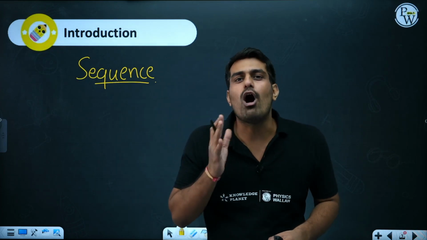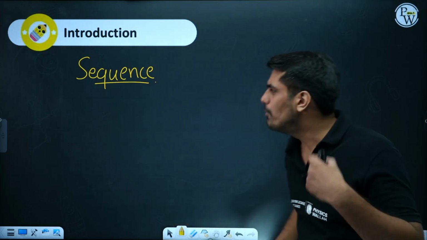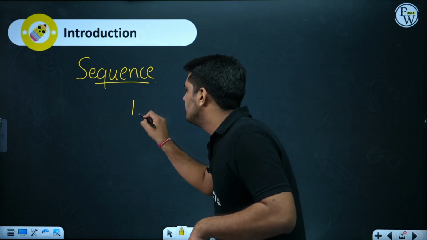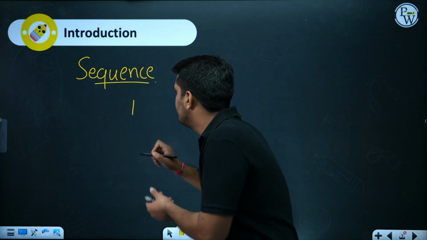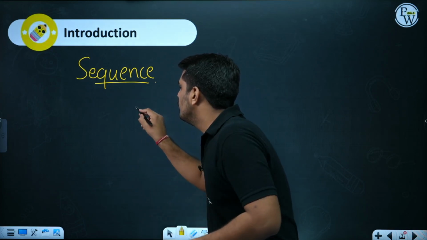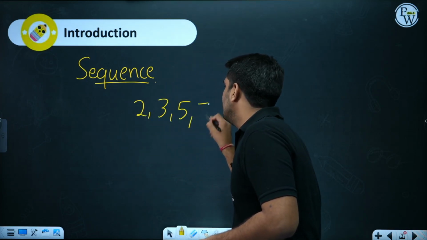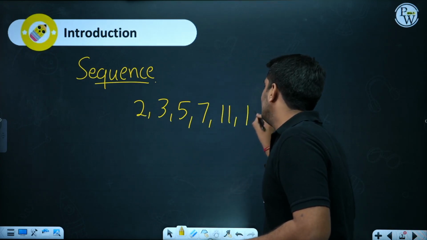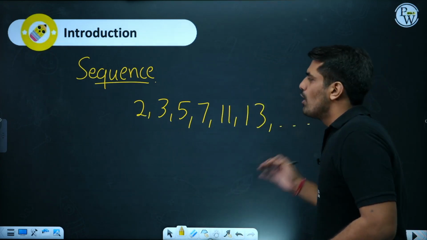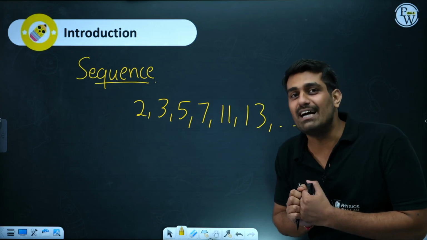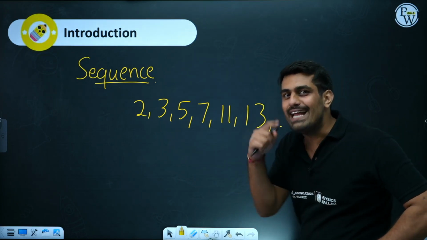A logic or pattern. What kind of a pattern? Observe over here: 2, 3, 5, 7, 11, 13 and going on. Observe these numbers. What do you observe? Can you think of anything?